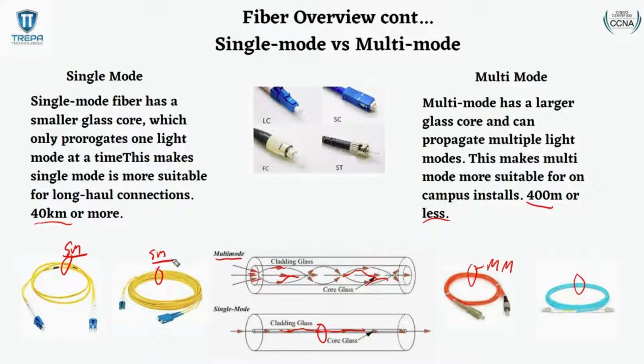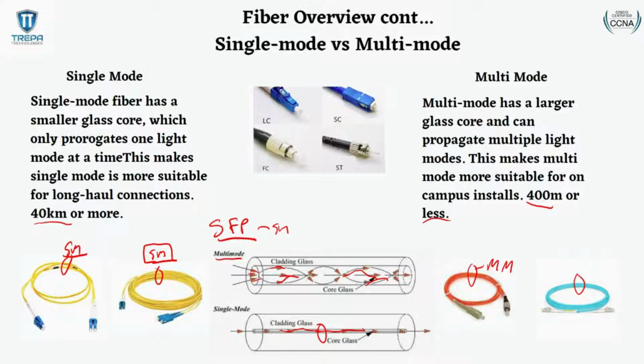The reason I'm representing it in this abbreviation is that when you work with SFPs, these are the fiber modules that you can plug into your switches to give a fiber capability, they're going to be labeled. You have to be able to recognize SM. Okay, that equals single mode. So for this SFP, I have to use single mode, right?